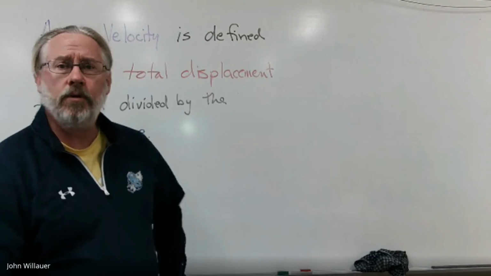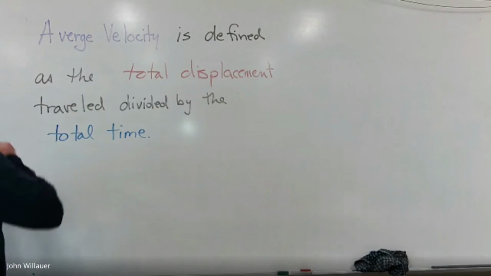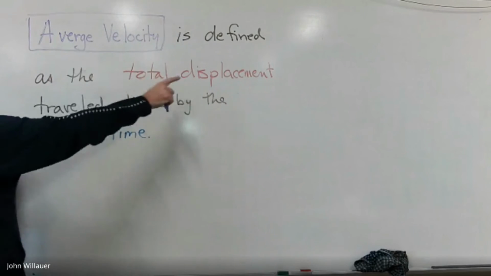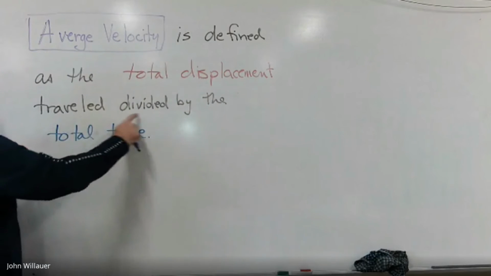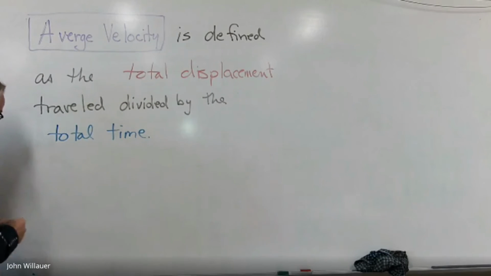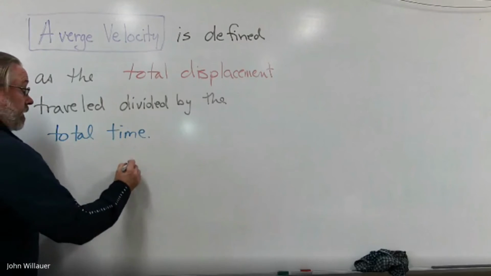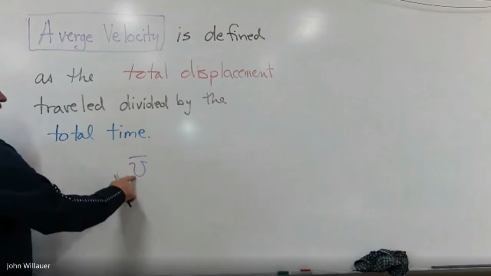The second term we want to talk about here is average velocity. So that's the next big one. Average velocity is defined as the total displacement traveled divided by the total time. If I were writing that one down, this looks a little bit different. Average velocity, again, has a bar on top. That's my v.